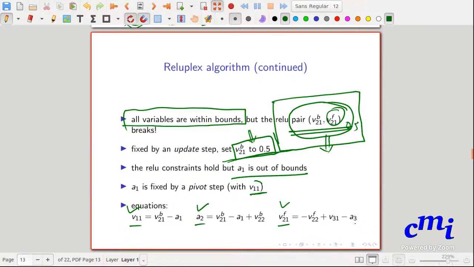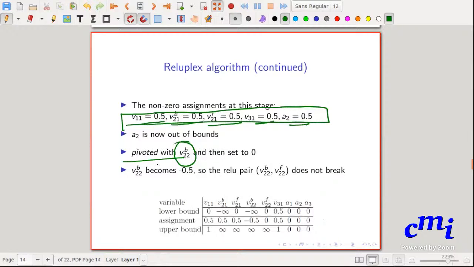Because A3 is 0, this is half. They are the basic ones. So the non-basic are 3. Now, of course, A2 is out of bound, which is the last thing which is out of bound now. So this is pivoted with VB22, because VB22 has not been constrained so far, and then it is set to 0.